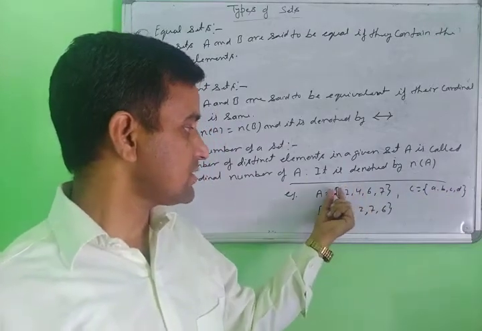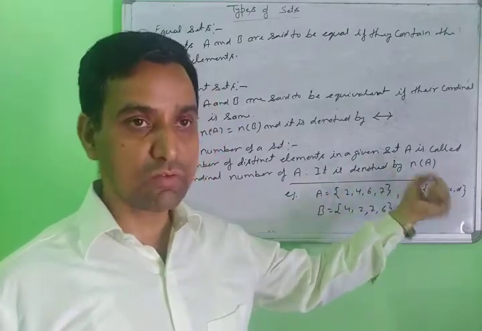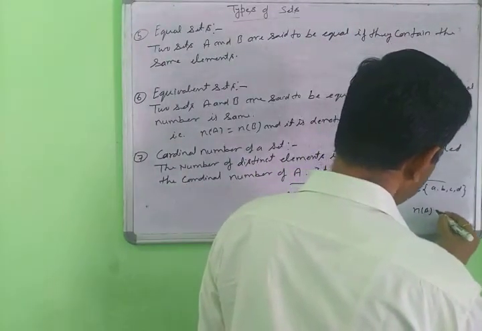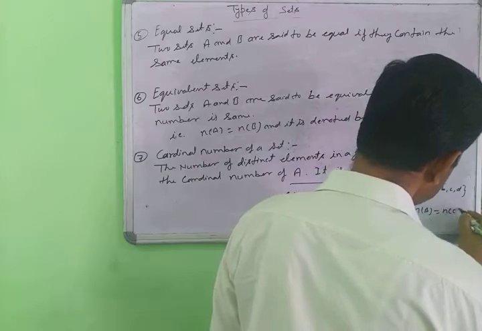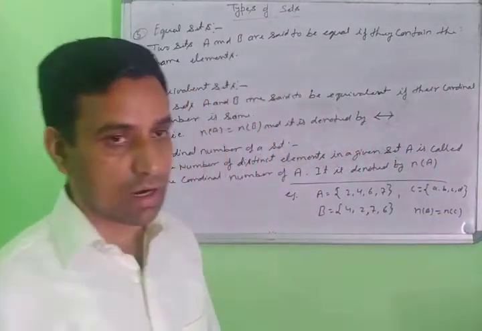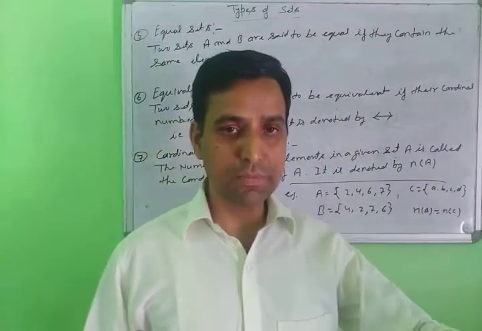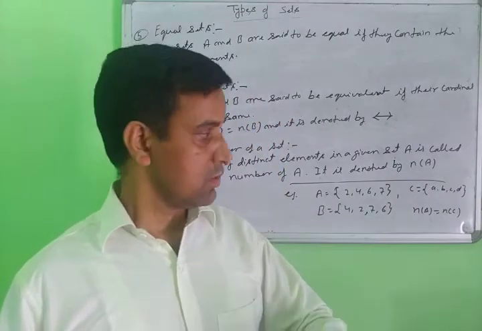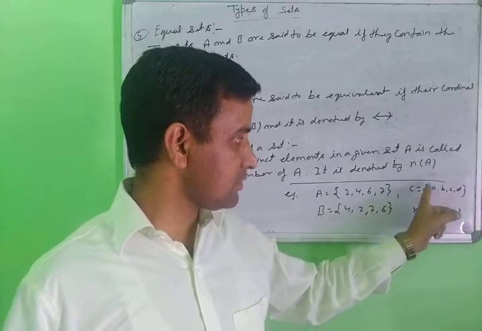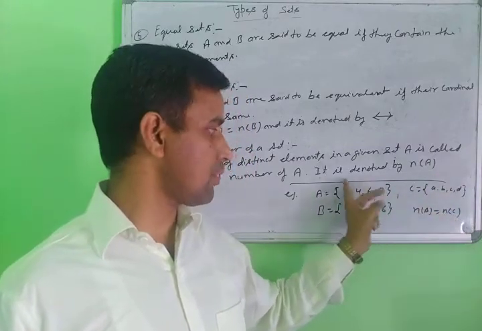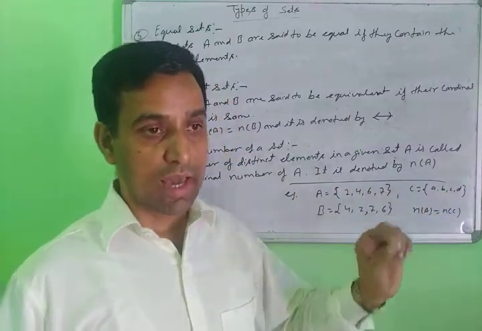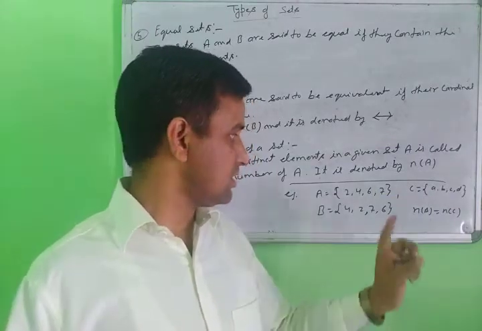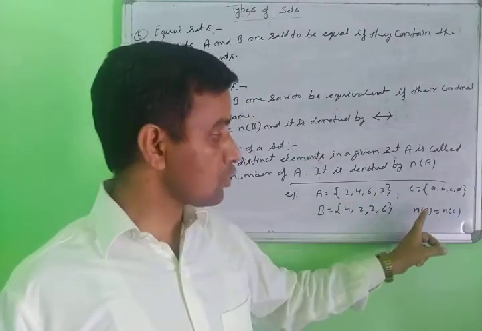That means set A and set C are equivalent sets because the cardinal number of A equals the cardinal number of C. Cardinal number means the number of elements in the set. Total number of elements here is 4, total number of elements here is 4. The elements may or may not be the same, but the cardinal number will be the same. This is called an equivalent set.